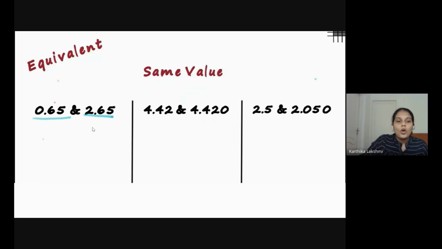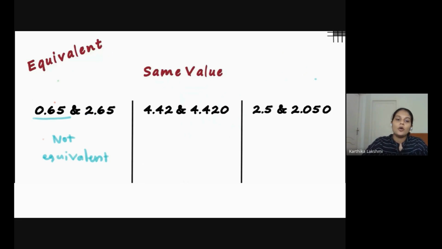So the integral part is different here, but the decimal part is the same. Will that make them equivalent decimal fractions? No, because the integral part is different, which means the value is different. We can't say that 0.65 and 2.65 are the same, because only the decimal part is equal. So you have to be very careful with the integral part also. This is not equivalent.